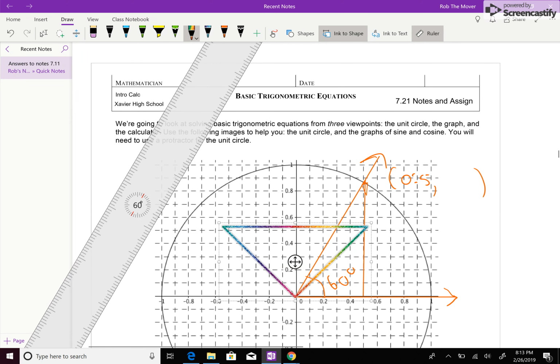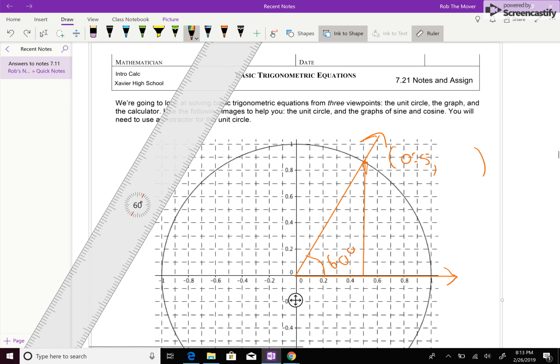This triangle right here is what kind of triangle? That's a 30-60 right triangle, and we know this small side of the 30-60 right triangle is 0.5.